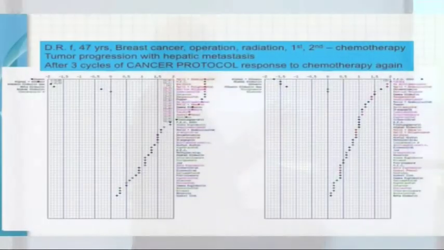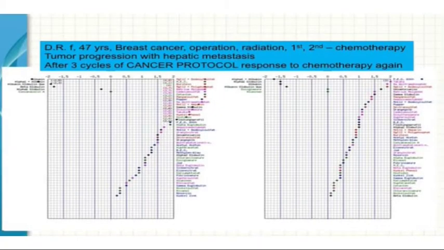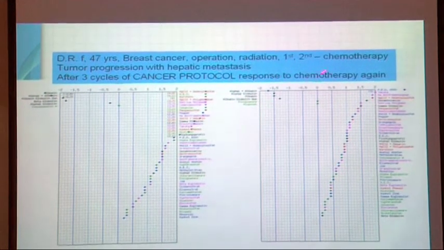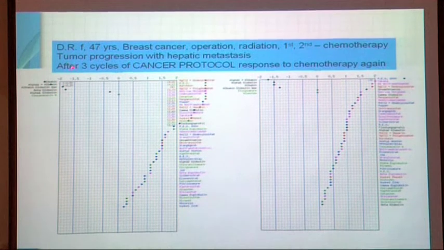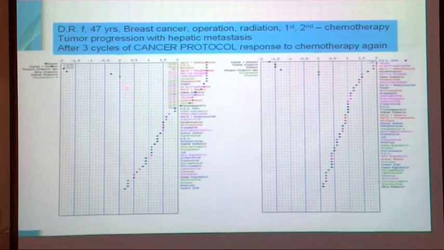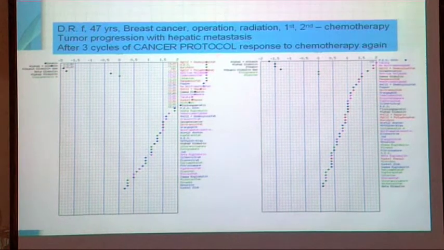Just an example again here of a lady with breast cancer, operated, radiation, first and second line chemotherapy. Nevertheless, she has tumor progression with hepatic metastasis. You look at her profile, it's far out.